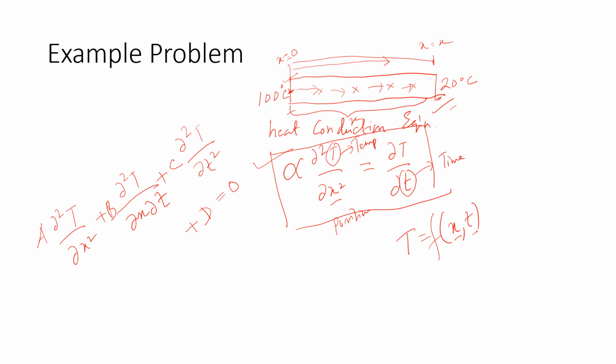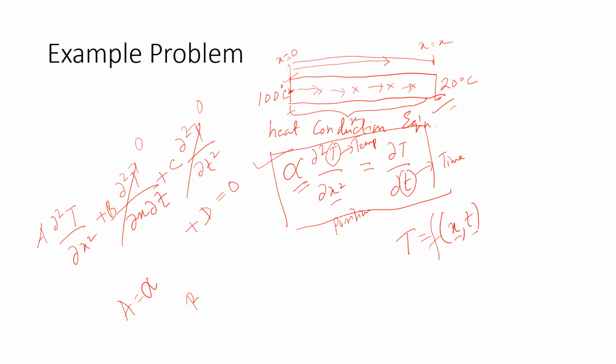Now here you can see that the coefficient of del square T by del x square is alpha. So basically a is alpha, and there is no b, and also there is no c. So both of these coefficients are 0.